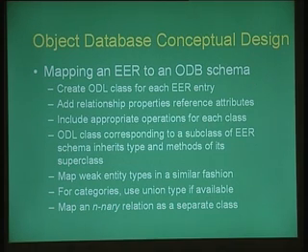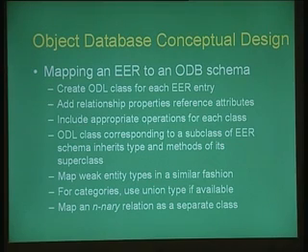Here it roughly corresponds to one class for each ER entity. And relationships are referenced. Relationships are essentially shown using associations rather than, say, foreign keys or having the same values and so on. And there are several different thumb rules which tell a designer how to map from an extended entity relationship model to an ODB schema, and we shall not be looking at this in great detail.